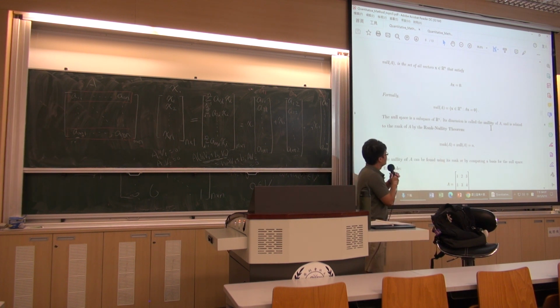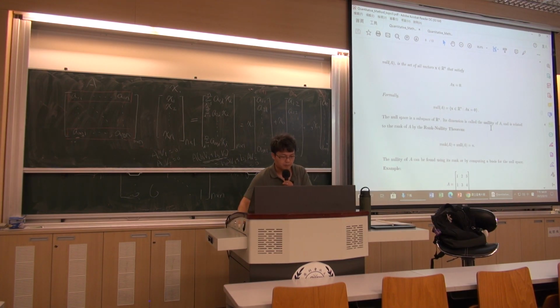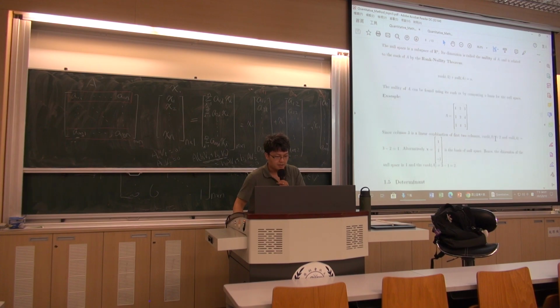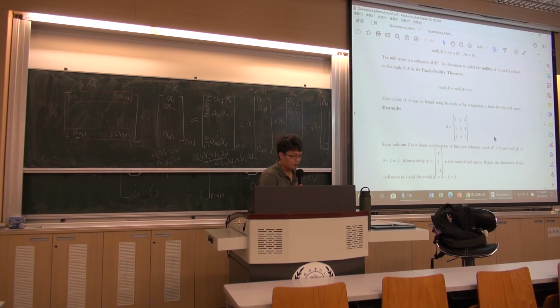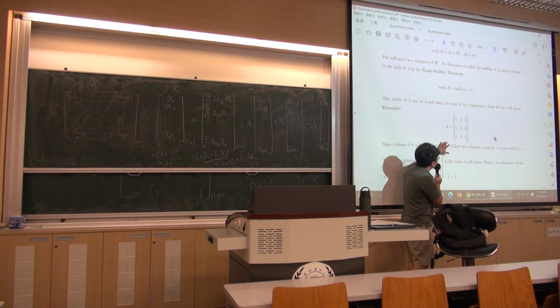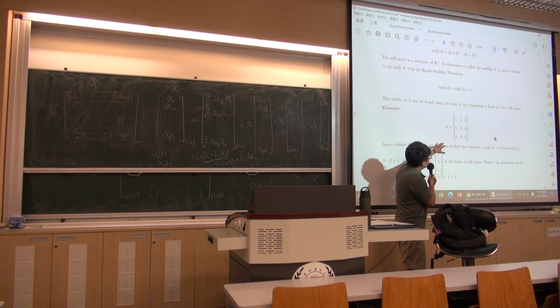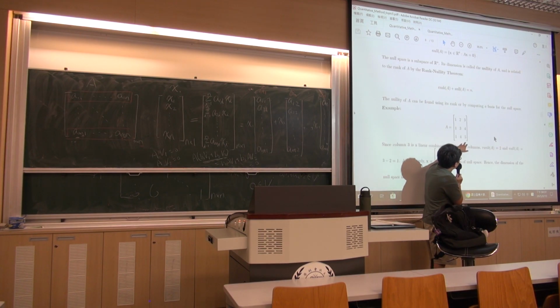Okay. So let me see. This is the example. Let's say that the matrix A looks like this one, and we can directly see that the third column is a linear combination of the first column and the second column, right?